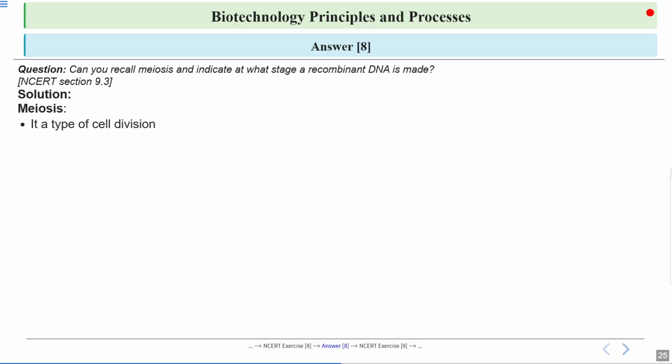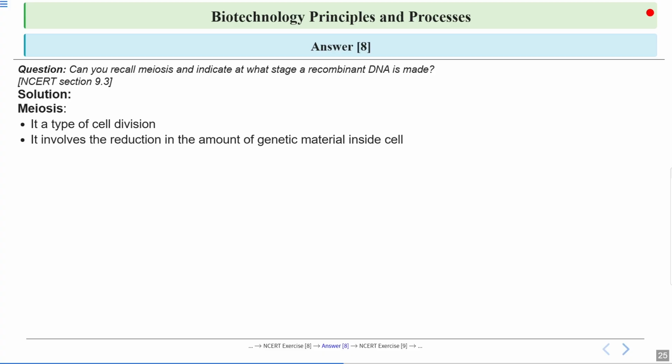Meiosis. It is a type of cell division, right? Meiosis is a type of cell division. And where does it take place? It takes place at the time of gamete formation in the case of human. It involves a reduction in the amount of genetic material inside the cell. Reduction means the genetic material becomes half.